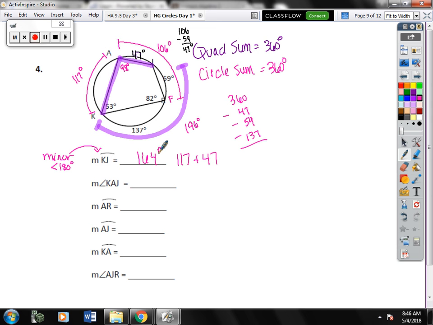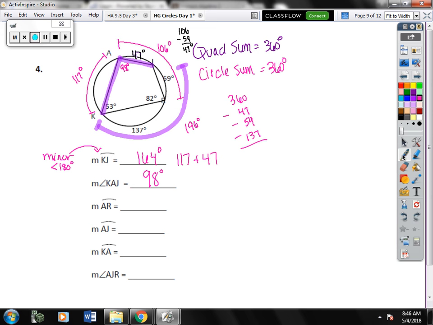The next one switches to an angle. So angle KAJ we just found is 98. The measure of arc AR. Oh, that's an R, not an F, Mrs. Bennett.